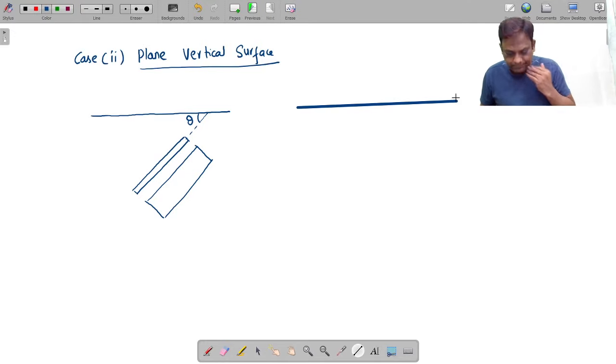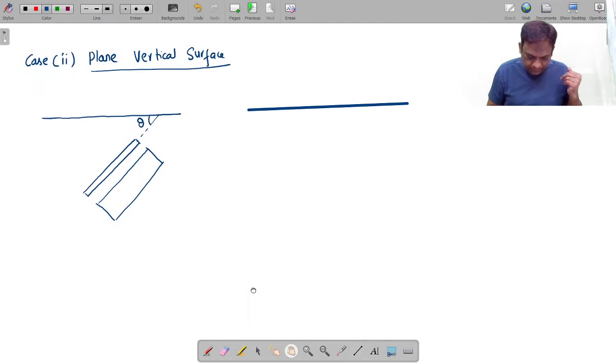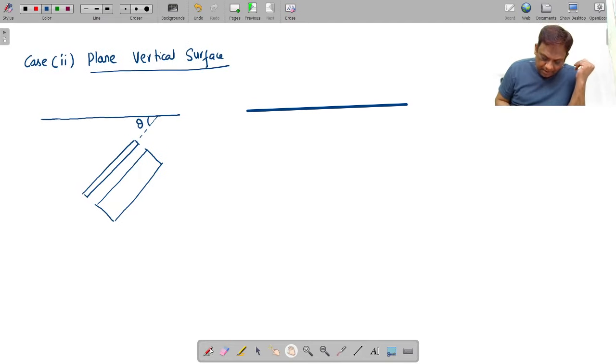First we had taken the inclined one. Now, how do I get vertical? How can I convert this into vertical?